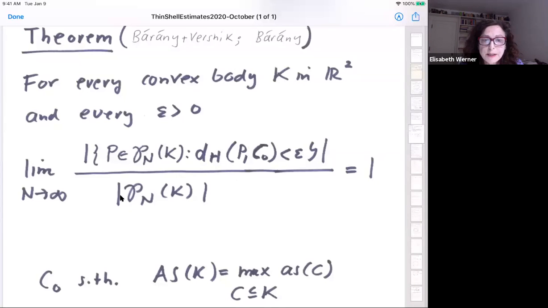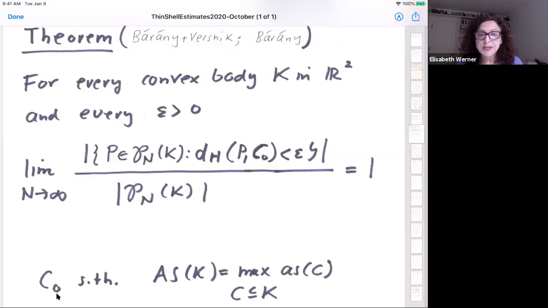So here we look at the cardinality of all lattice polygons that are contained in K. That's what's on the bottom, and on top we look at the number of lattice polygons in K, where the vertices are picked from our lattice grid, that are epsilon close in Hausdorff distance to this set C0 that has maximal affine surface area contained in K.